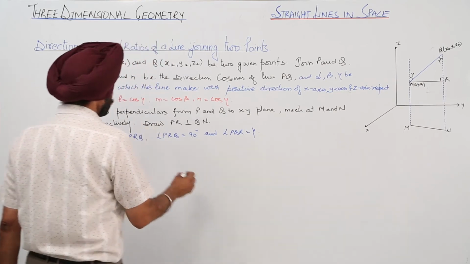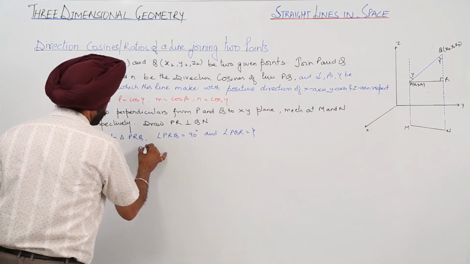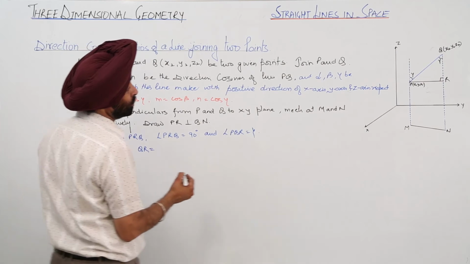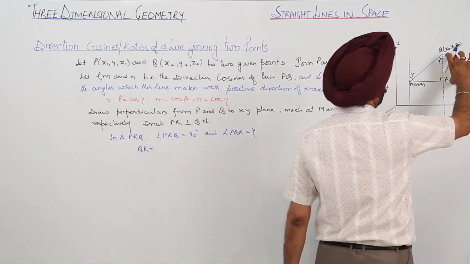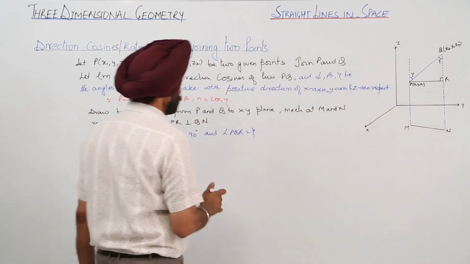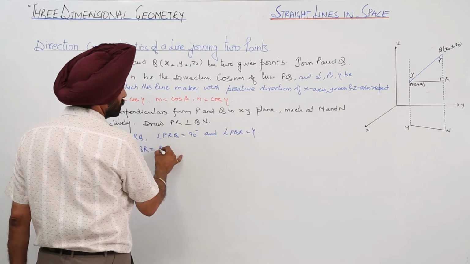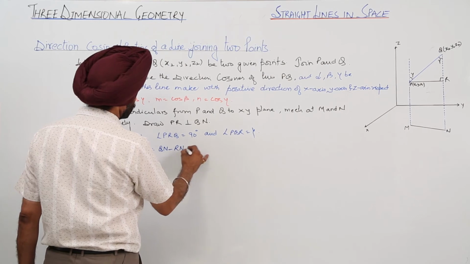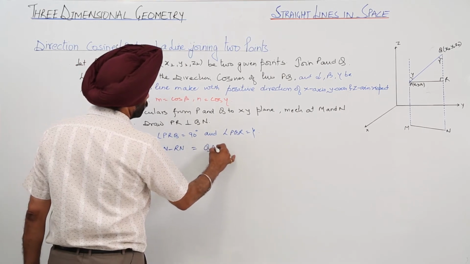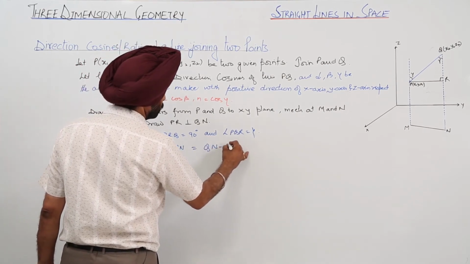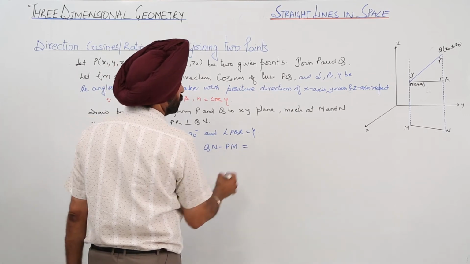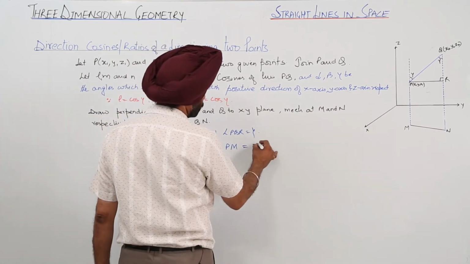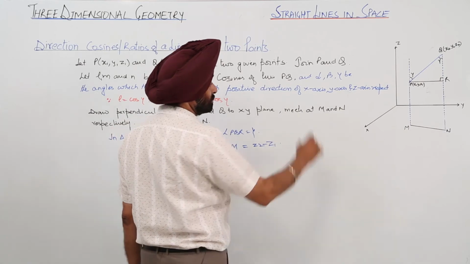Now what is QR? This portion QR is equal to QN minus RN, or this is equal to QN minus PM, or this can be written as z2 minus z1.